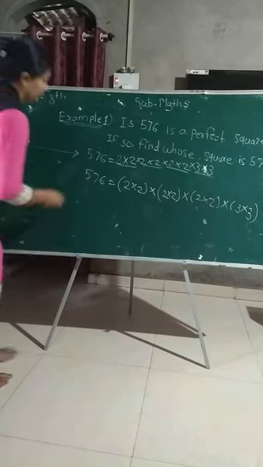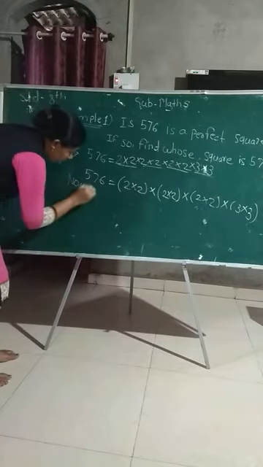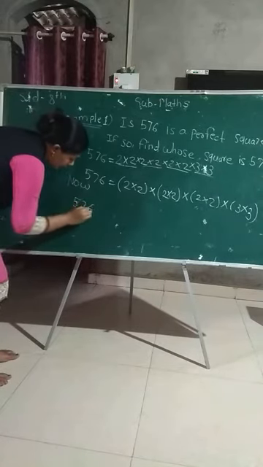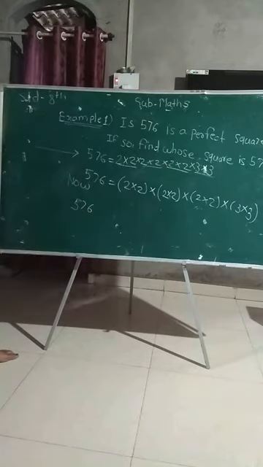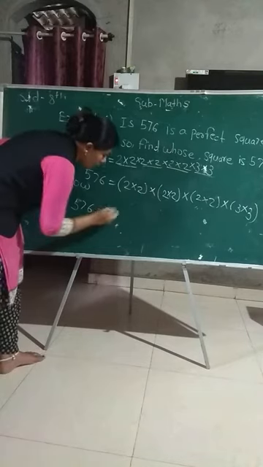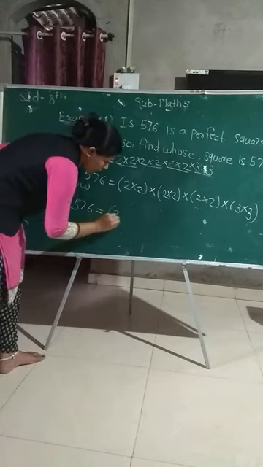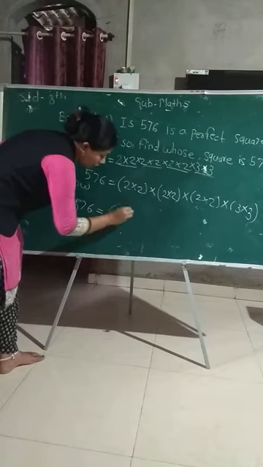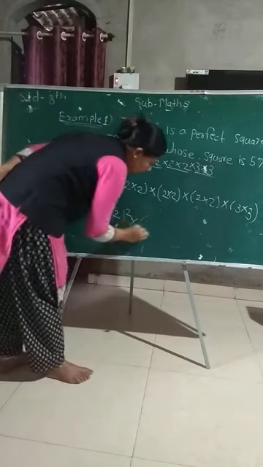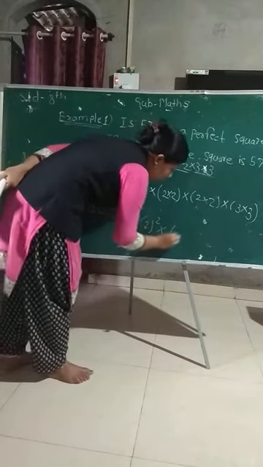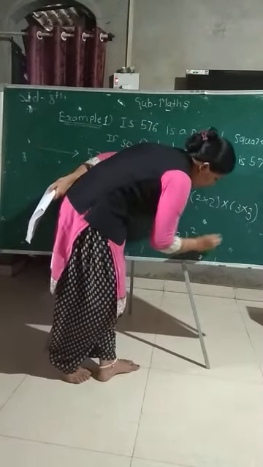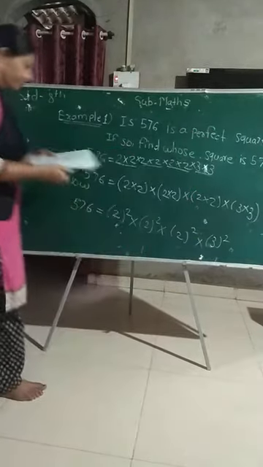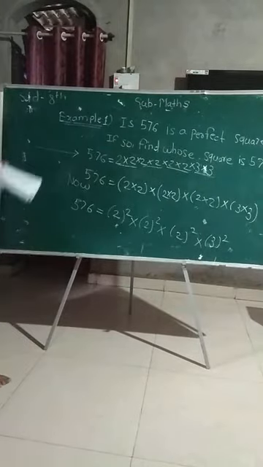Now, 576 is equal to 2 into 2, which means square of 2, 2 into 2 means square of 2, square of 2 into square of 3, square of 3.